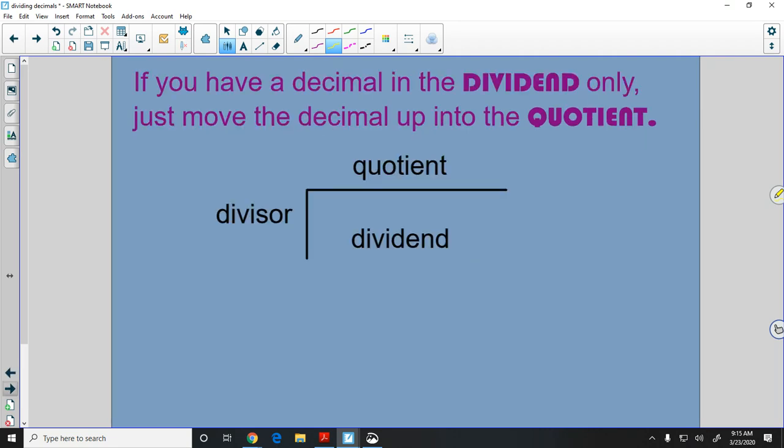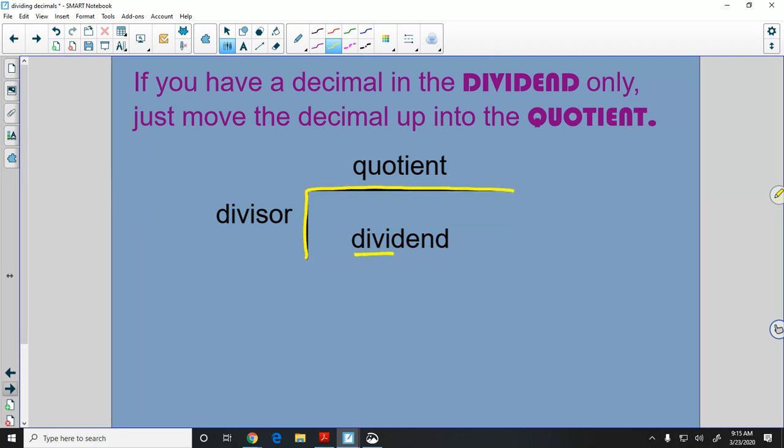All right. If you have a decimal in the dividend only, just move the decimal up into the quotient. So basically what that means is, if we review our places, remember this is our house.